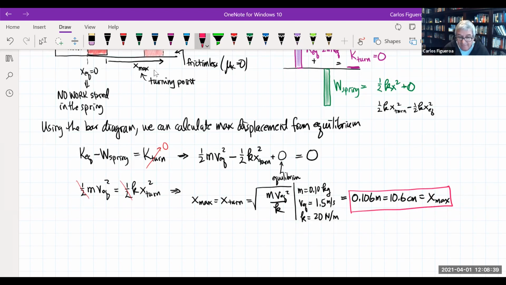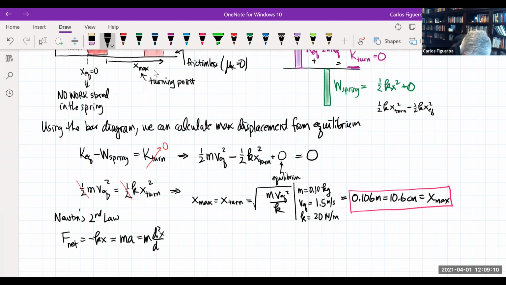Look at that. That is awesome. Now apply this to Newton's second law. What would you do in Newton's second law? You write the net force. The net force is minus kx, and this has to equal mass times acceleration. But I have a variable force, so now I have to write a differential equation, and from this I have to calculate x.